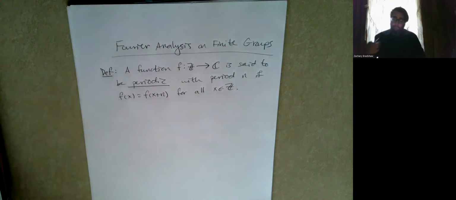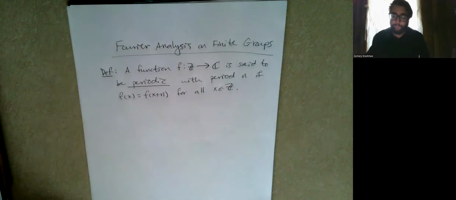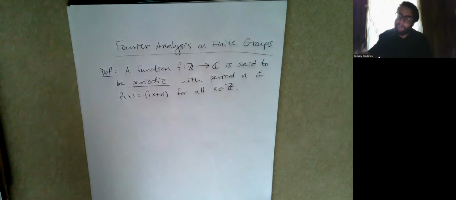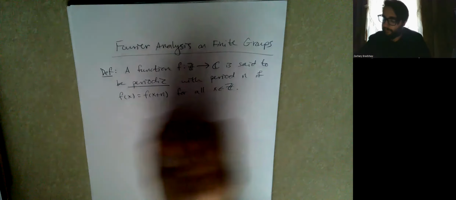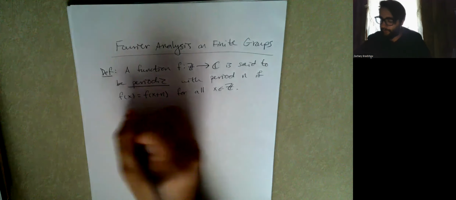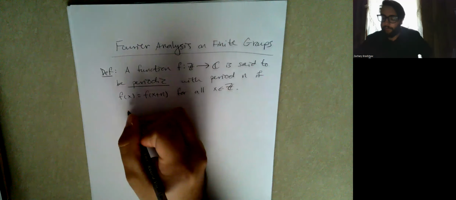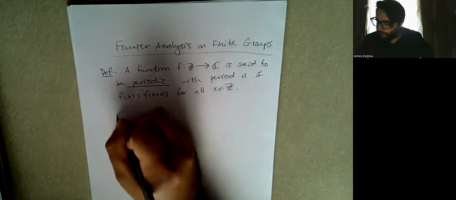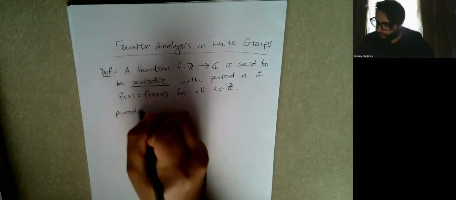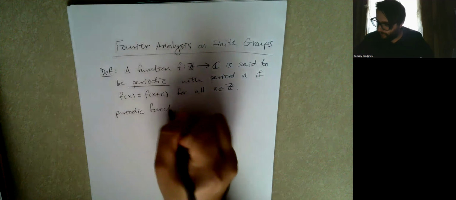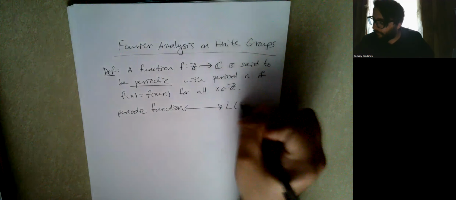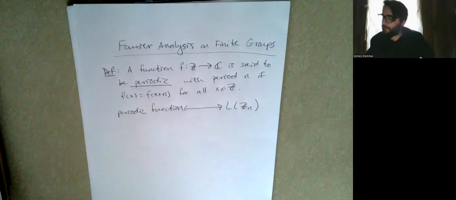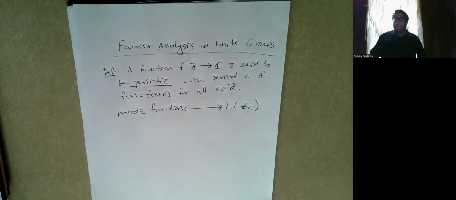Okay, so one thing to note is that the periodic functions are in bijection with the elements of L of Z_n, so with the elements of the group algebra of Z_n. In other words, we can get from a periodic function to an element of L of Z_n and vice versa.